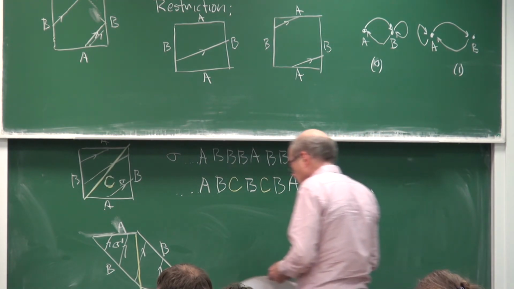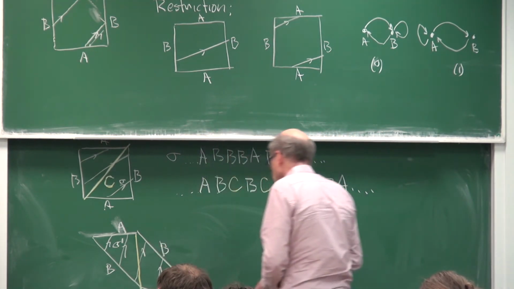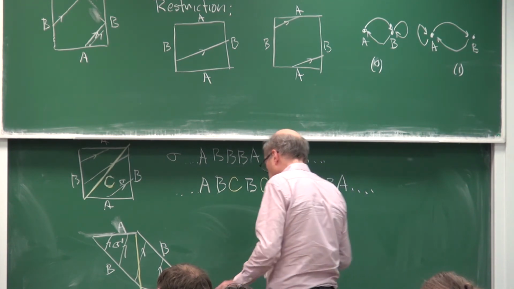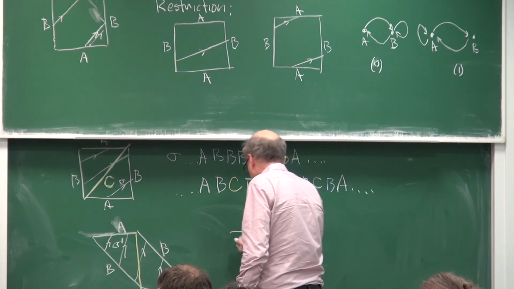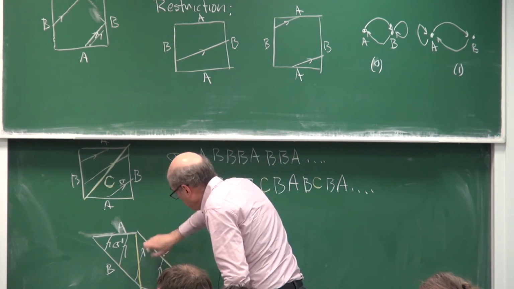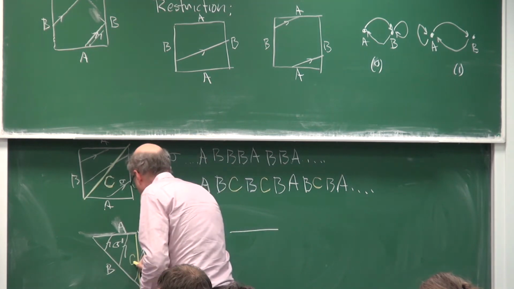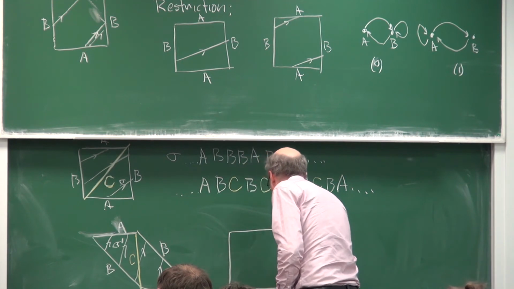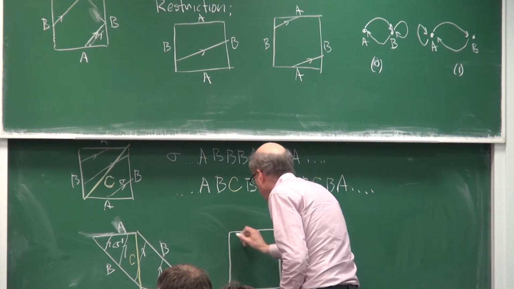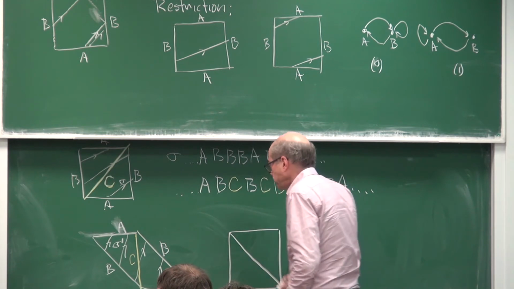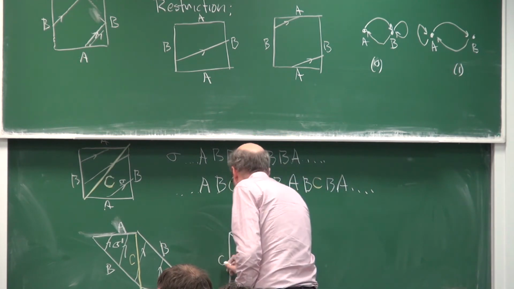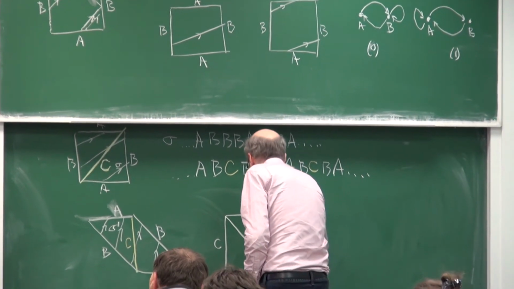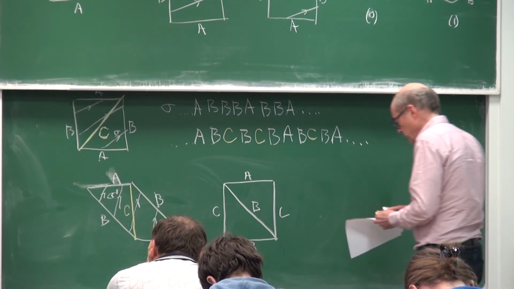Okay, now let me do a certain transformation of this picture here. So I can cut along the edge C and translate that over to there. Now C is on the side here. A is at the top, and my B is running through the diagonal.